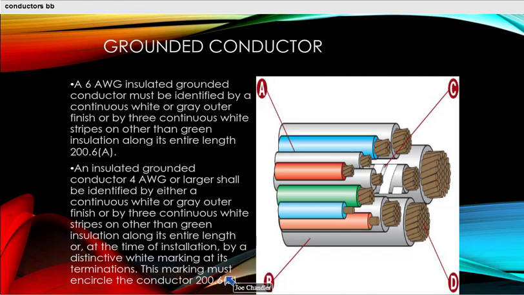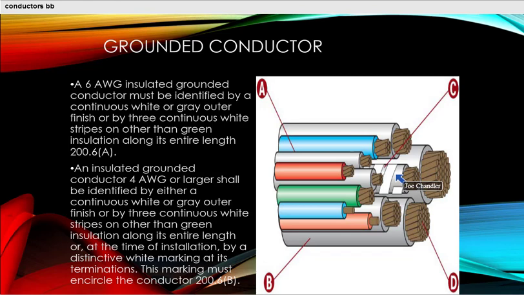200.6(B) says we've got options. We can do the same, meaning let's say I had a 250 kcmil that I ordered in gray or white. That's fine. It can be gray or white along its entire length. But the code says if it's number 4 and larger, it's okay to use identification tape or marking tape at each termination point.